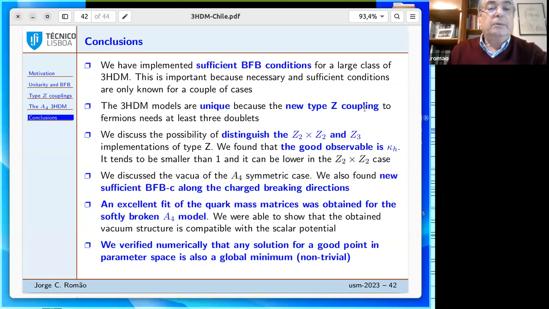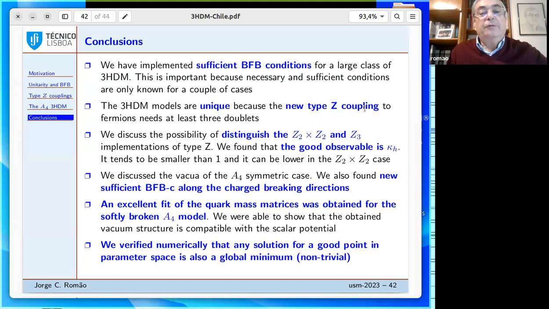We discussed the possibility of distinguishing the Z2 cross Z2 and Z3 implementations of this type Z. We found that the good observable is kappa H, the ratio of the triple Higgs coupling in the model to the standard model. It tends to be smaller than 1, and it can be lower in the Z2 cross Z2 case, and eventually, if this is the case, it can point to this model.